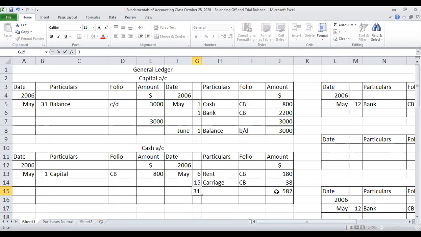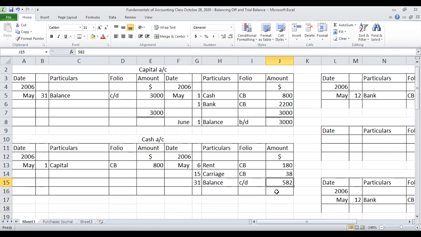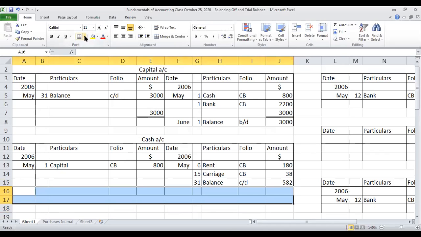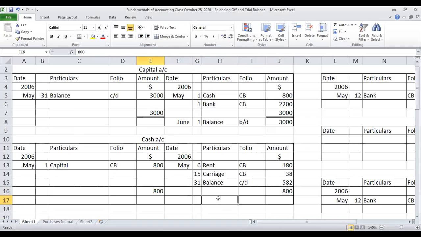So you have May 31, balance CD, $582. And then you would put in the totals. Then June 1, balance BD.